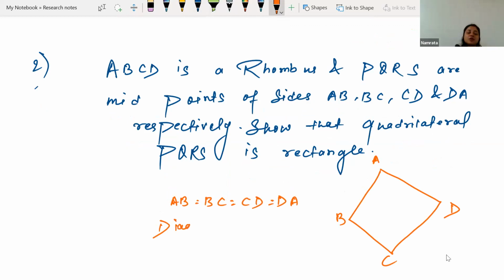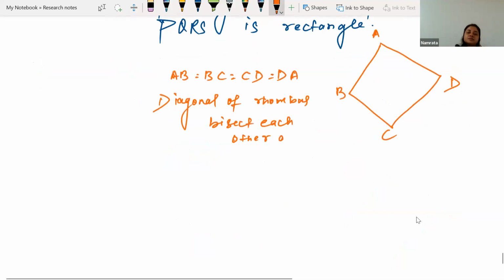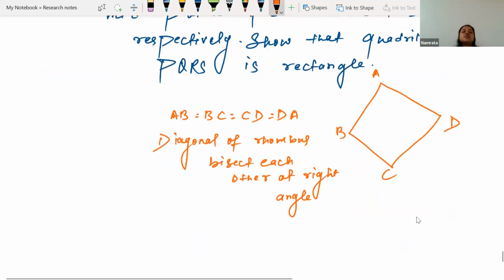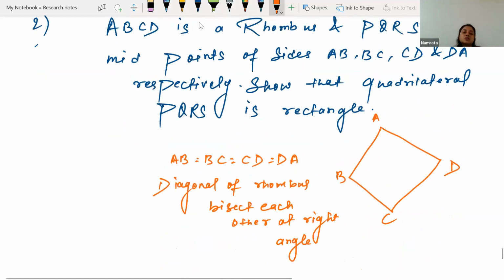We know the diagonals of a rhombus bisect each other at right angles. These are a few properties which we already know about the rhombus. Let's see whether we can use them in this question or not.